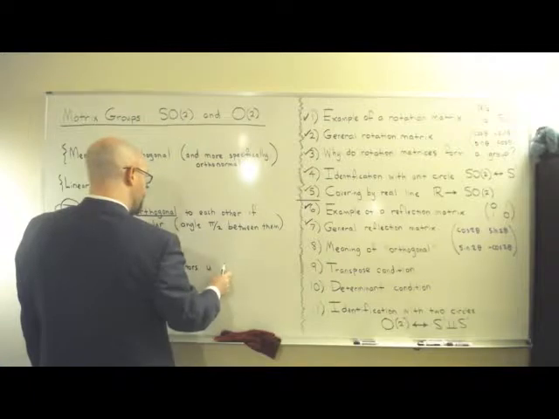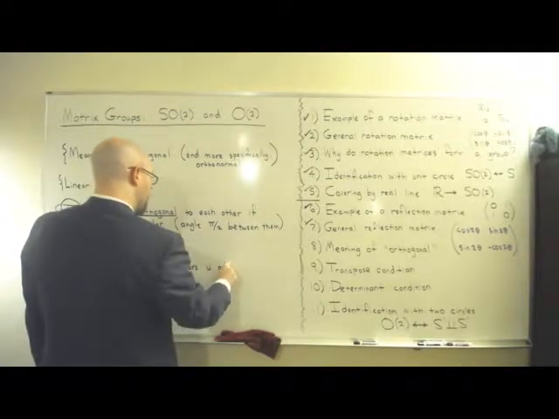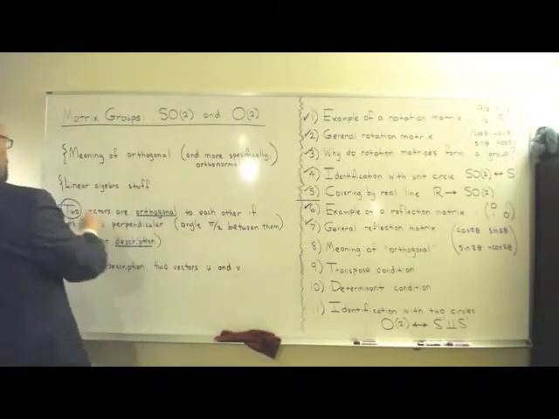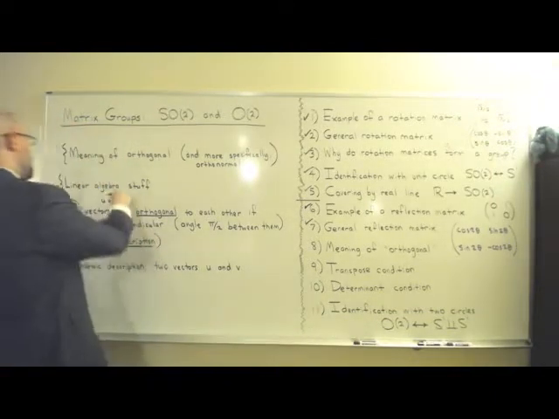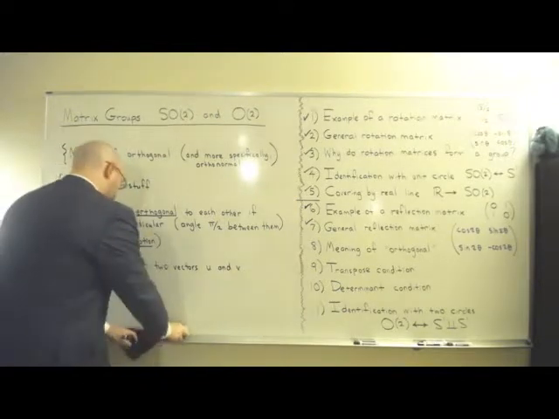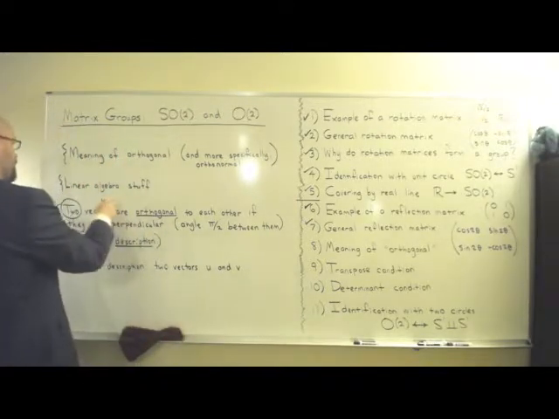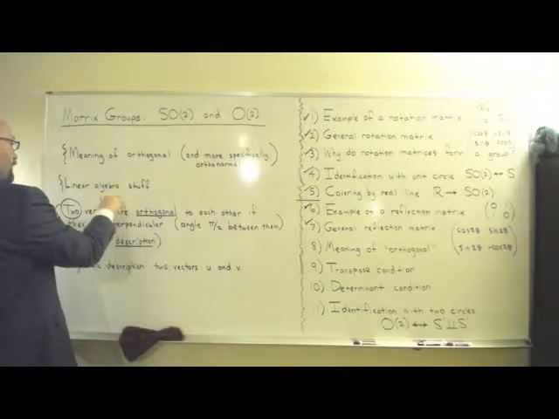So I'll write u and v. So these are vectors. And I could have done the same thing up here. I could have done the same thing in this geometric context, written u and v.